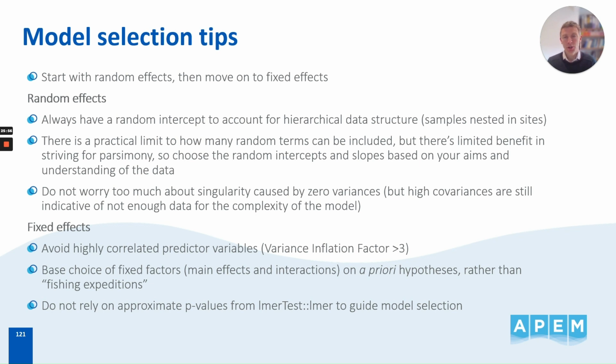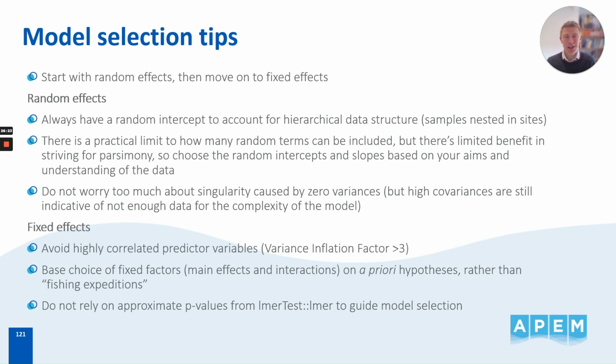We should also be wary of including too many fixed effects in the model. Those fixed effects can be both main effects and interactions. Where possible, we should try to include variables based upon an a priori hypothesis that we want to test. If we don't do that, and we just include all the variables that we could possibly find and throw them all into the mix, then we go on a bit of a fishing expedition.